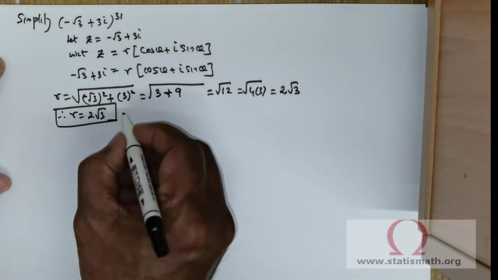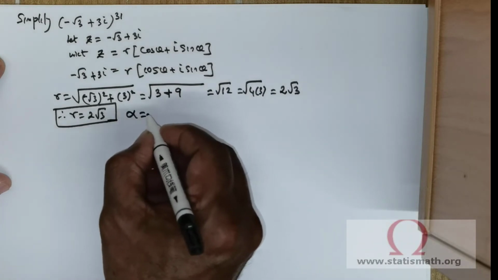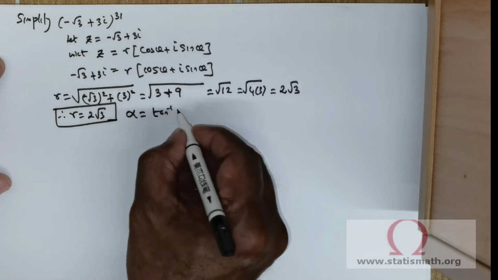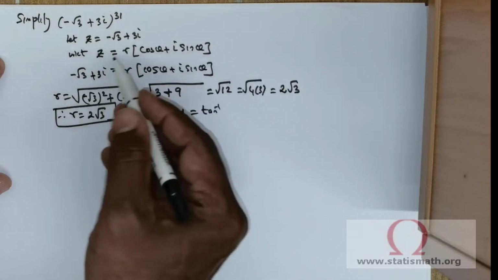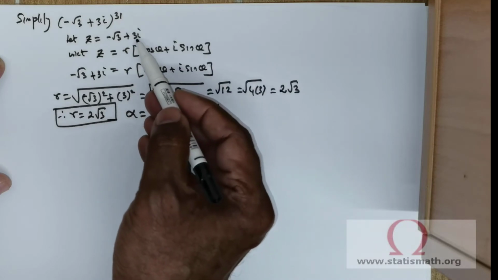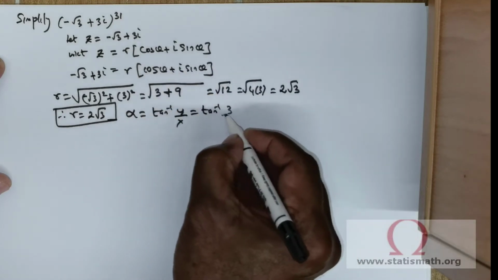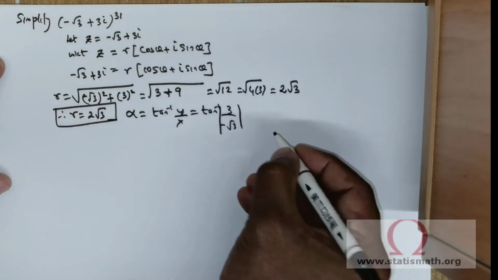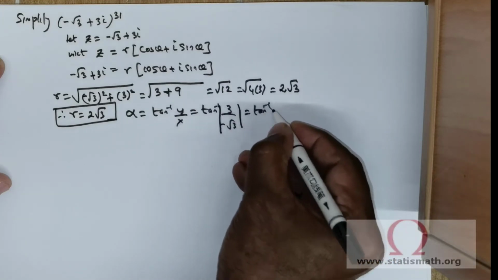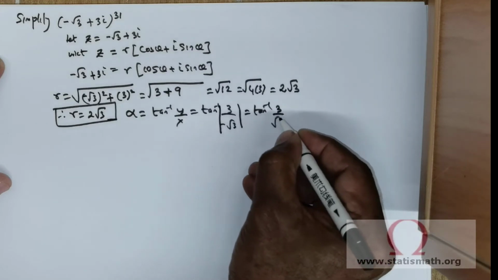Now, having obtained r, we need to obtain alpha. Alpha is tan inverse of y divided by x, with a modulus sign. My y is 3 and my x is negative root 3, so we get tan inverse of 3 divided by root 3.